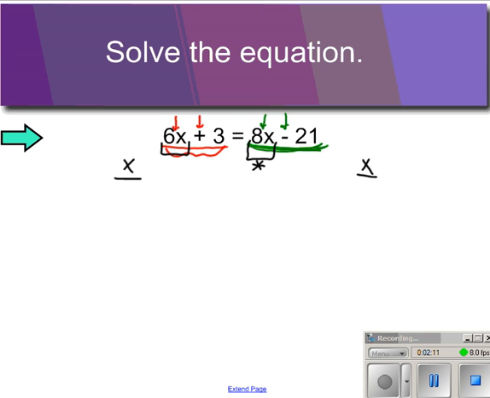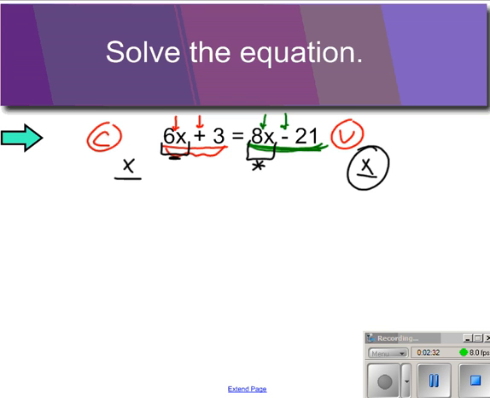You're probably going to want your variable to end up on the right side because 8 is larger than 6. So I am going to choose this side that I want my variable to be on. So this is going to be my variable side, and this is going to be my constant side.